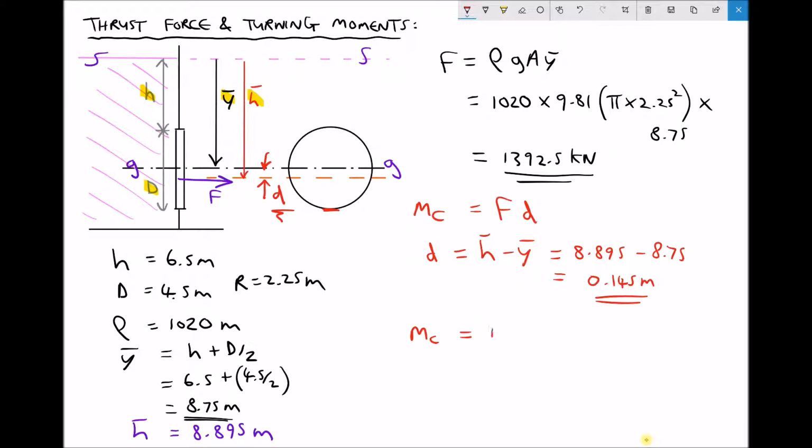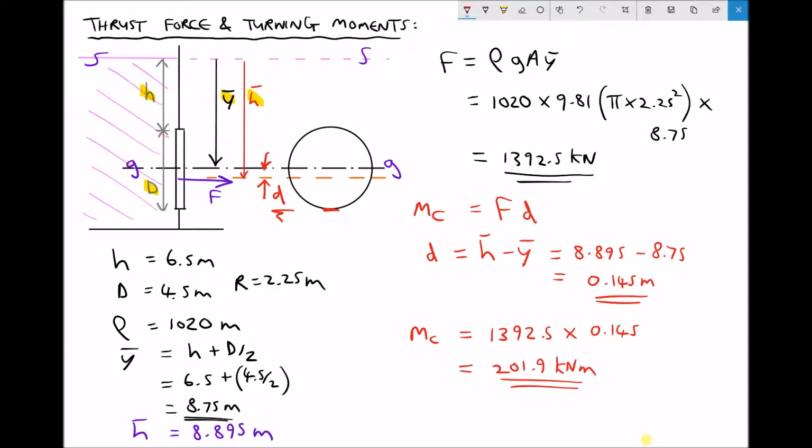It's our thrust force, and I'm going to use the value in kilonewtons, noting that my final answer will be in kilonewton metres, times 0.145, giving me an overturning moment equal to 201.9 kilonewton metres.